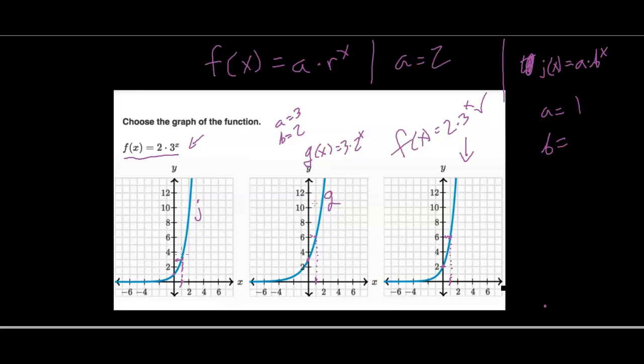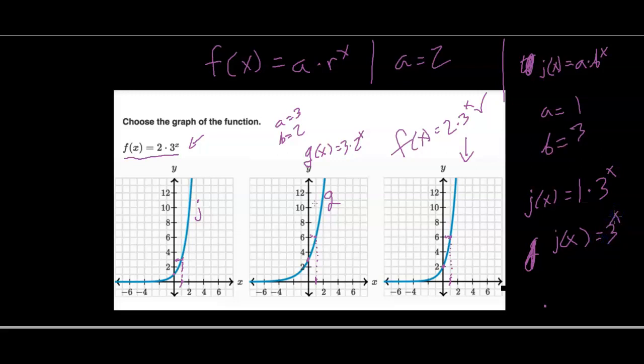Well, 1 times what gets you to positive 3? Positive 3, right? So b must be positive 3. Therefore, j of x must equal 1 times 3 to the x power. When we have a coefficient of 1, we often just don't write that coefficient, so j of x is simply 3 to the x power.